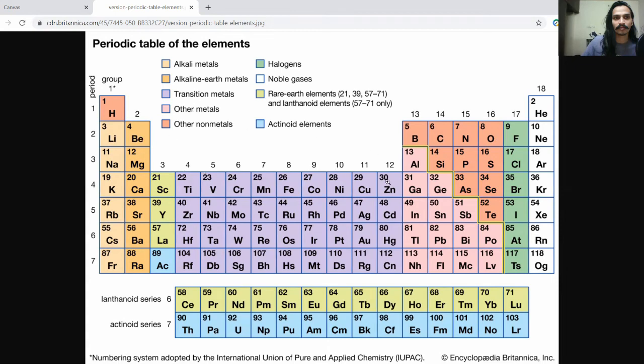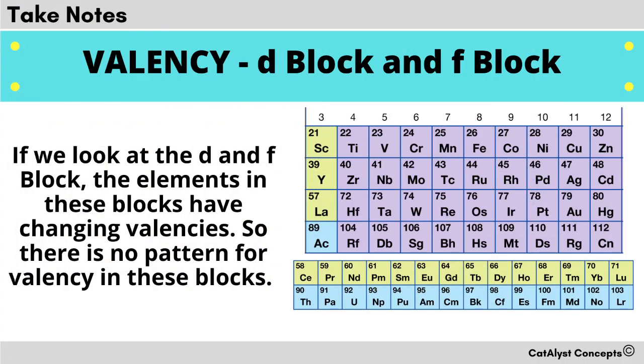Now, we generally don't consider this for the d block, the transition block, because they have something called variable valencies. Their valencies can change depending on what type of combination reaction they are doing. So this trend applies only for the s block and p block. We don't count the transition block, the d block or even the f block in this.